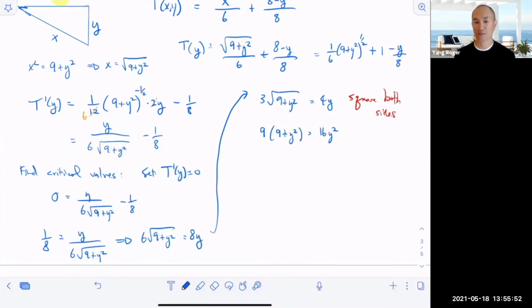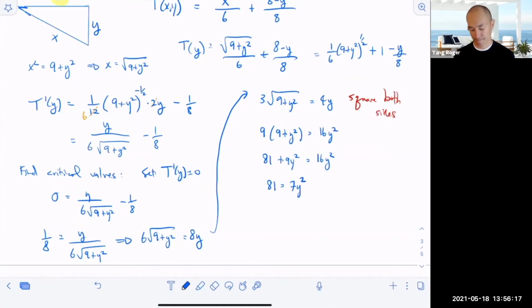So we need to distribute. So you're going to get 81 plus 9y squared is equal to 16y squared. You can subtract 9y squared from both sides. We get 81 is equal to 7y squared.